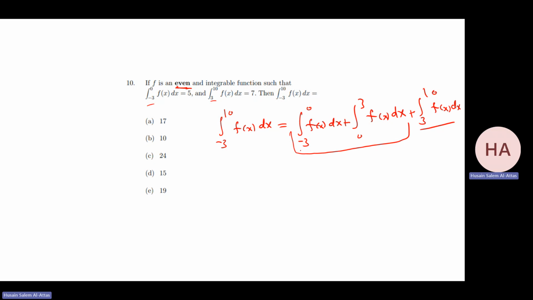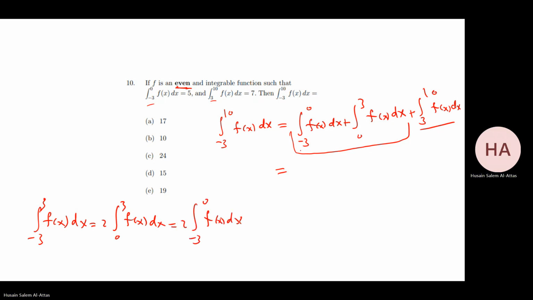This is minus 3 to 3. This one is minus 3 to 3, which is what? Just for my information, minus 3 to 3 of f of x will be 2 times the integral from 0 to 3 of f of x dx, and also 2 times the integral from minus 3 to 0 of f of x dx.